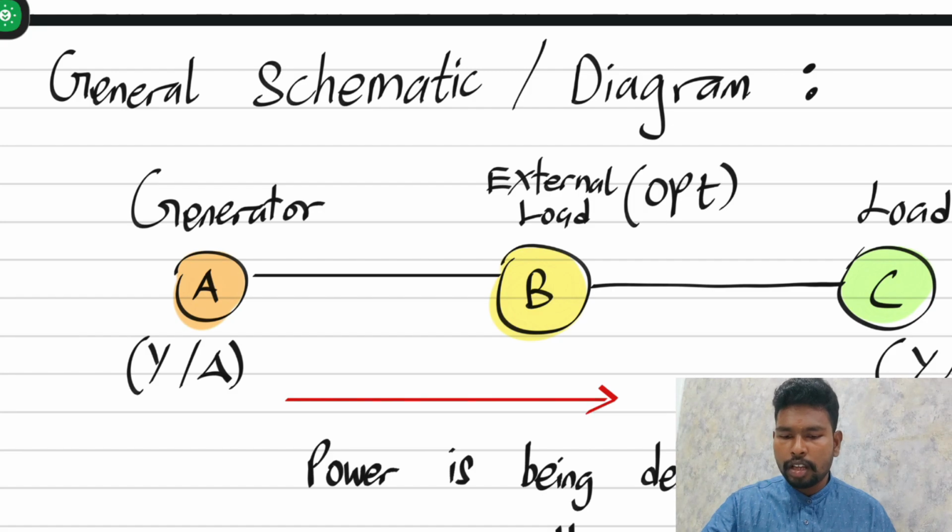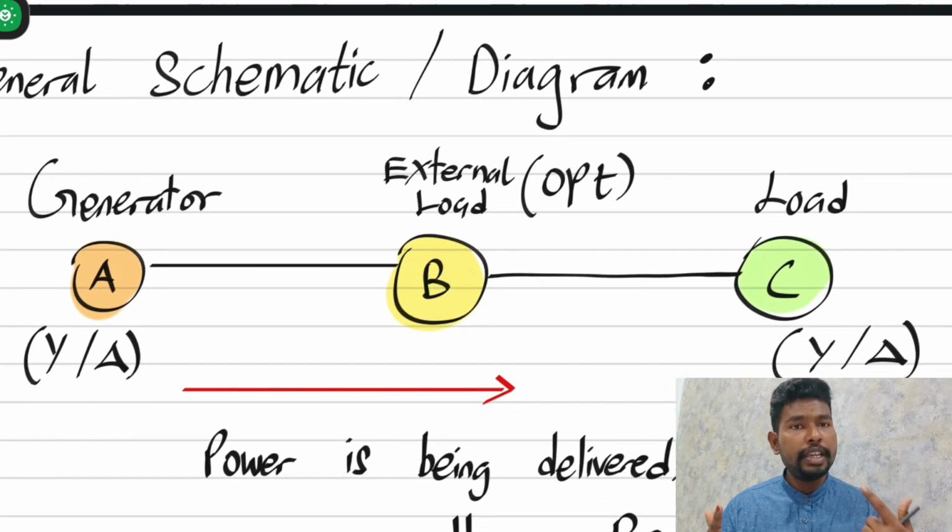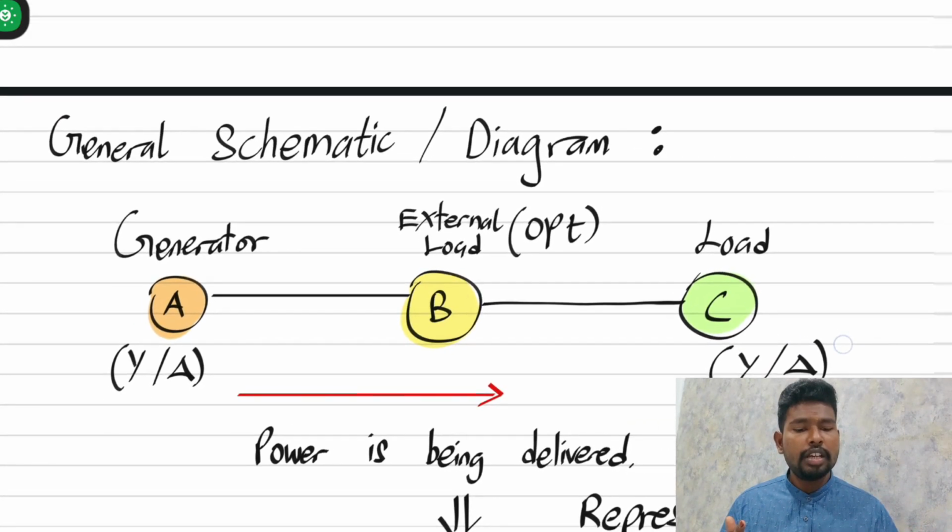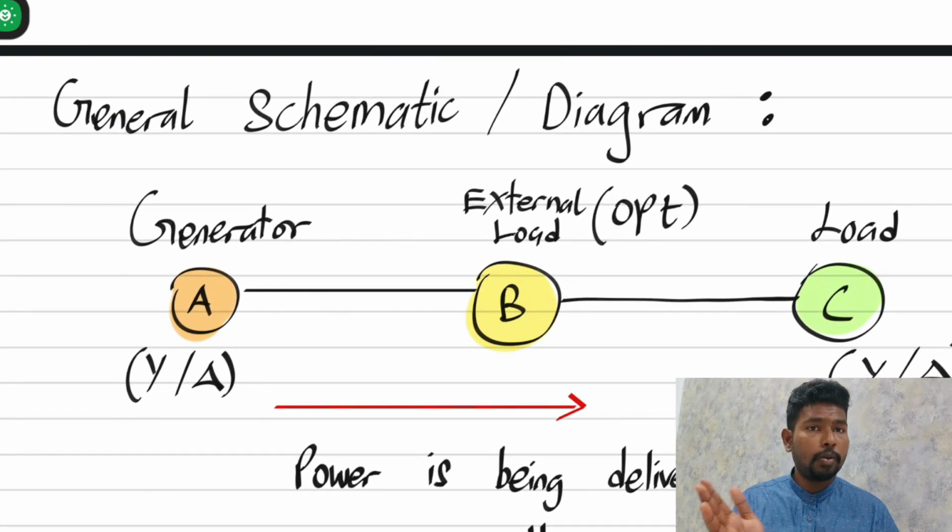First of all, look at the parts there. There are three parts, A, B and C. A is the generator, B is the external load, and B is only considered if any external load is present, otherwise we can ignore this part. C is the load. So A and C are compulsory, whereas B is optional.